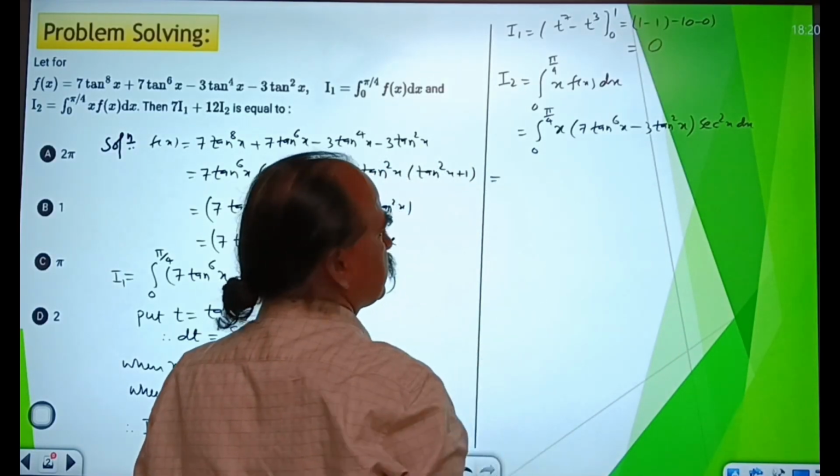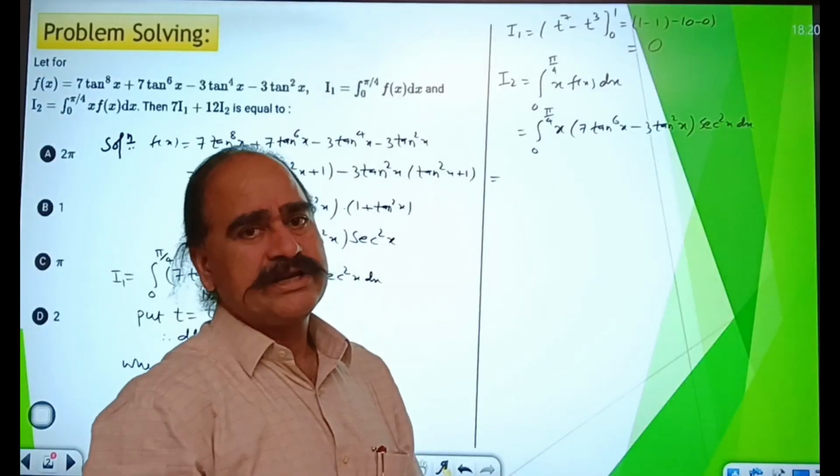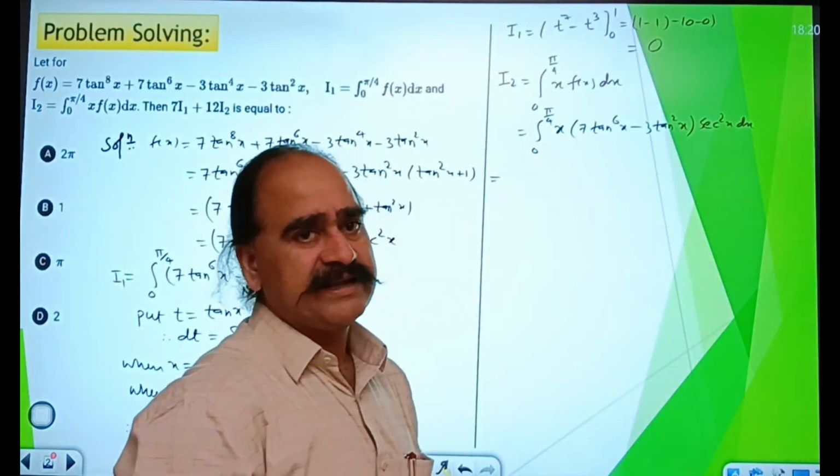We'll apply integration by parts, taking x as u and the remaining function as v.